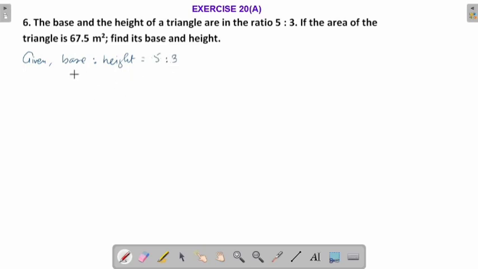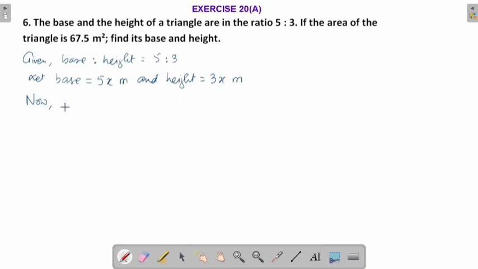In this case, we'll take base to be 5x meter, since the unit they are using here is meter square, and your height is going to be 3x meter.